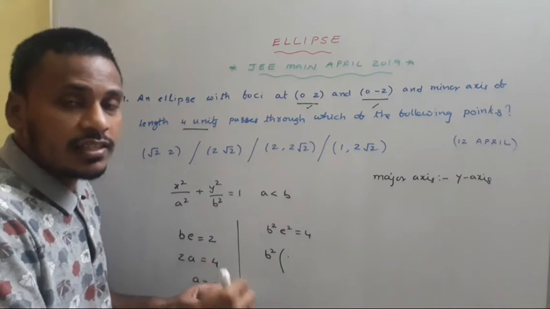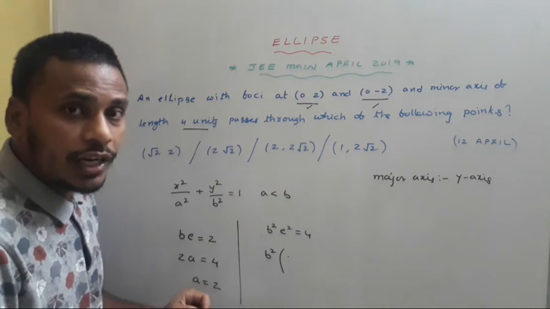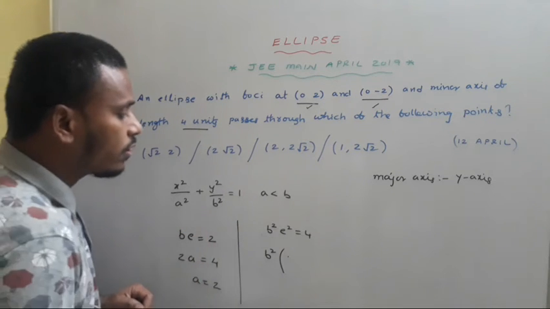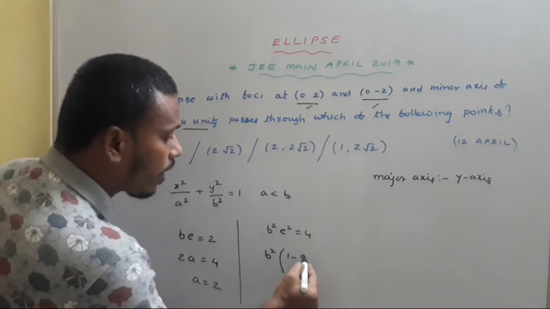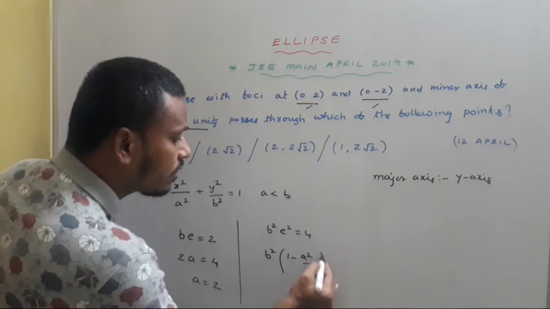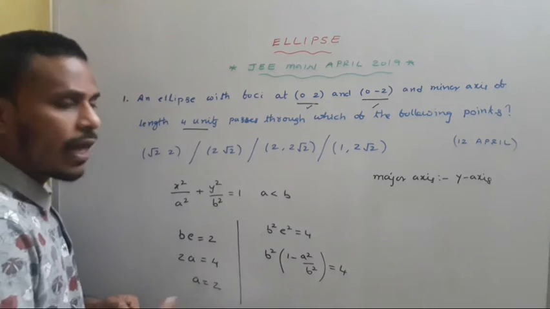As we discussed in the synopsis, we need to interchange a and b. So here e square is 1 minus a square by b square, and b square into that equals 4. Okay, we need to calculate this.